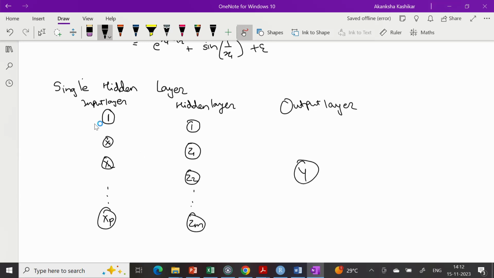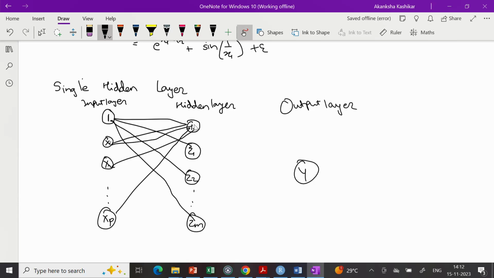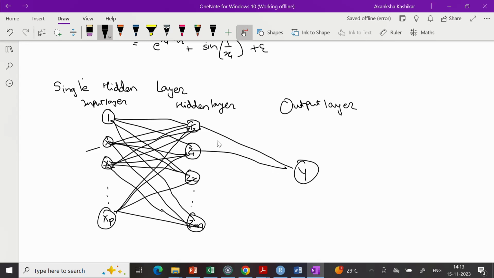A network is basically a connection of this. Every node in the input layer is connected to every node in the hidden layer. Similarly, every node in the hidden layer will contribute to the output layer. This is how the network is constructed, and in the hidden layer also we have constants.